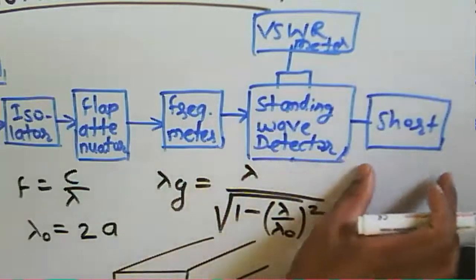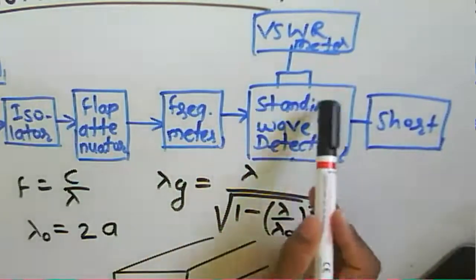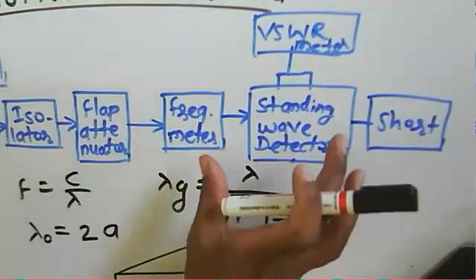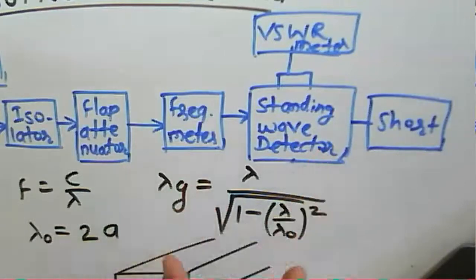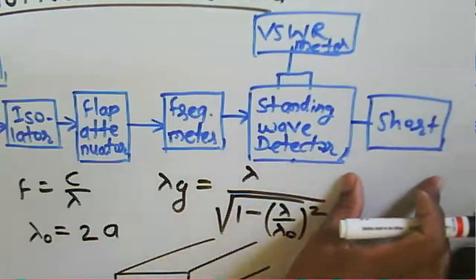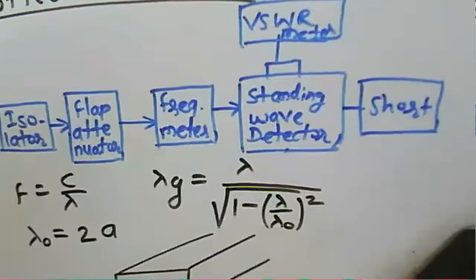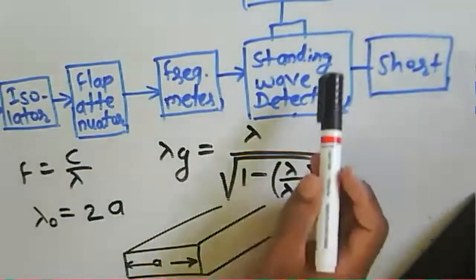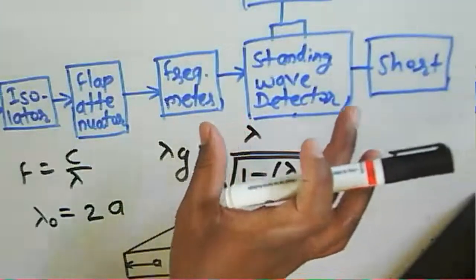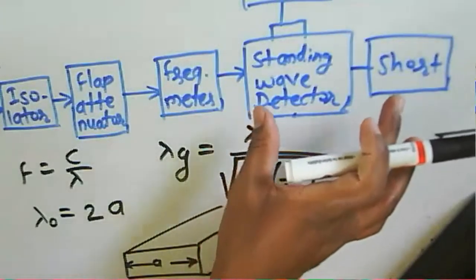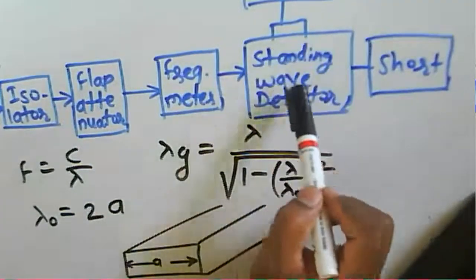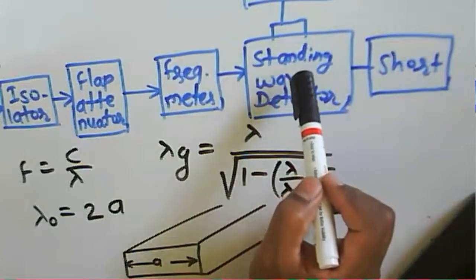The standing wave detector is nothing but a slotted section. In the slotted section, the standing waves are generated because of the given short. And then we need to measure the VSWR there.